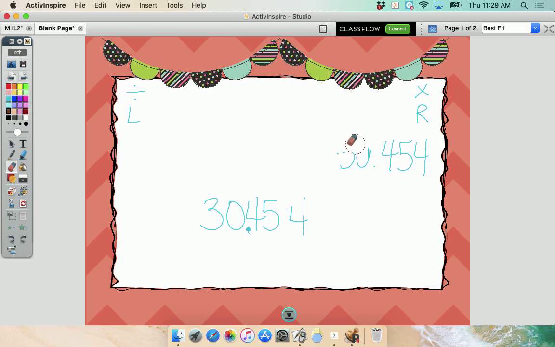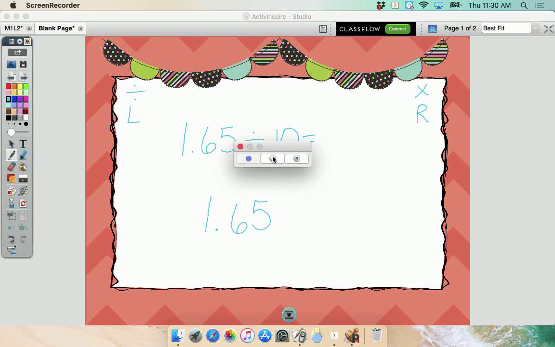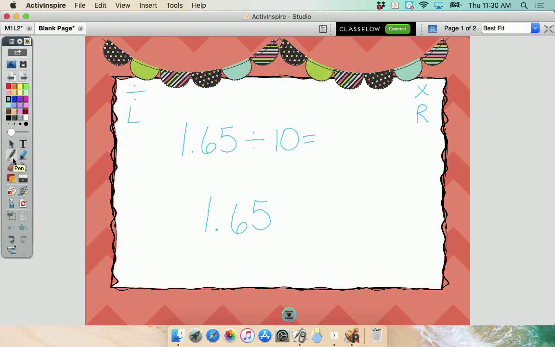1.65 divided by 10. Try it on your own. Check it with mine. All right. So table 3, which way did you move the decimal?